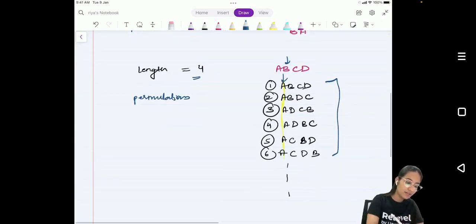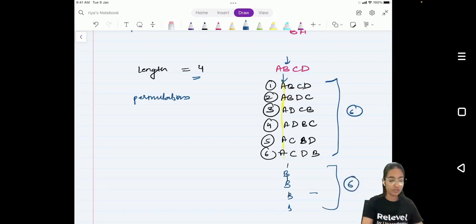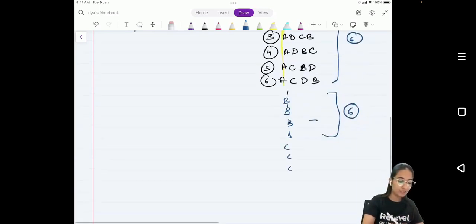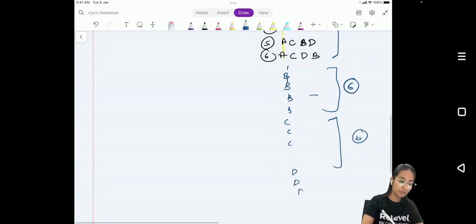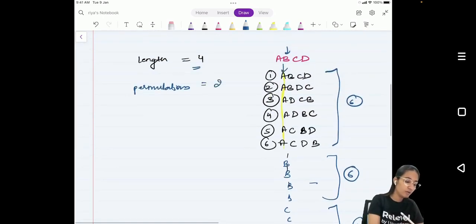And that is 6 permutations. Then I will keep B at the front and again 6 permutations. Then I will keep C at the front and 6 permutations. Then I will keep D at the front and again 6 permutations. So a total of 24 permutations.